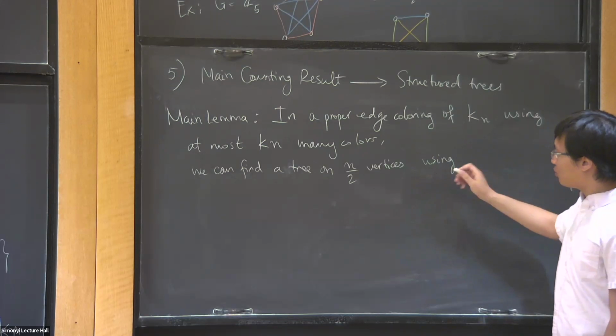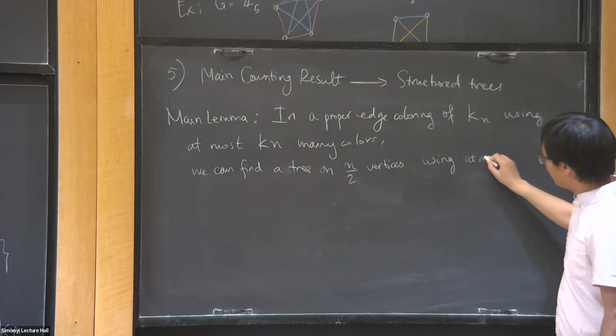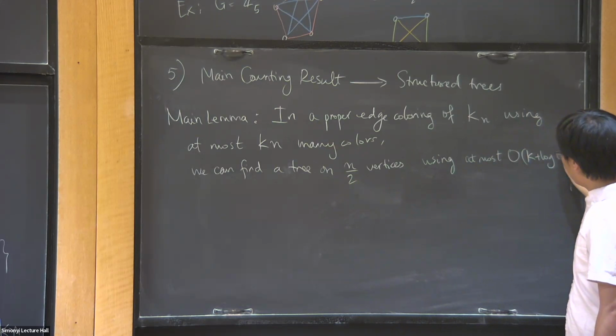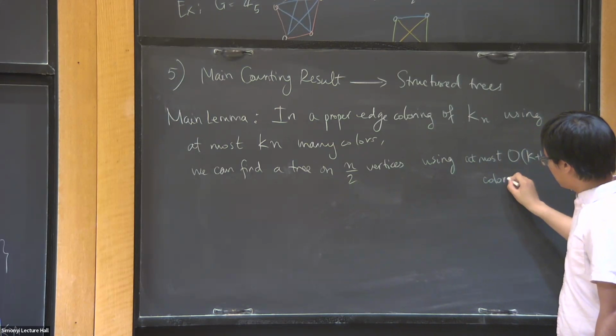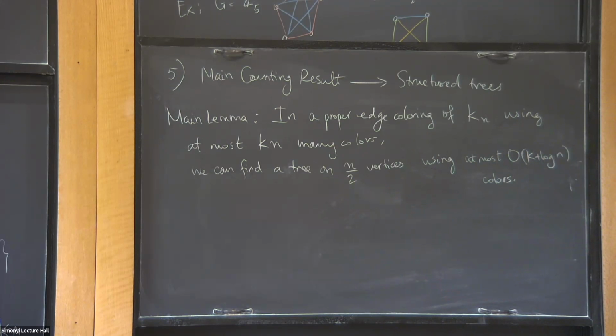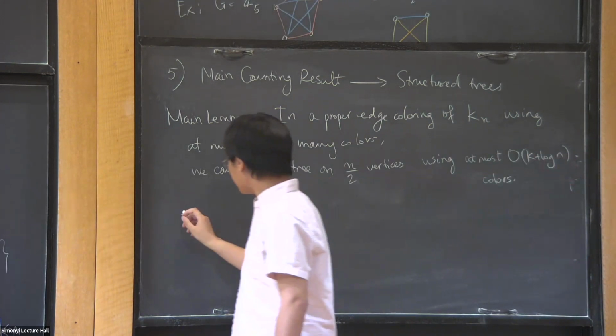Now we can prove that we can find such a tree on n over 2 vertices using at most big O of k plus log n many colors. Okay, so the trade-off here compared to the combinatorial version of the theorem that I mentioned yesterday is just that we are no longer getting the correct constant in front of log n, but we trade that for the correct linear dependence on k. Okay, so turns out this is going to be very useful.